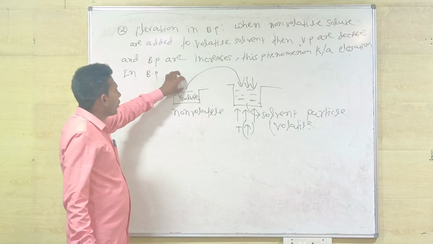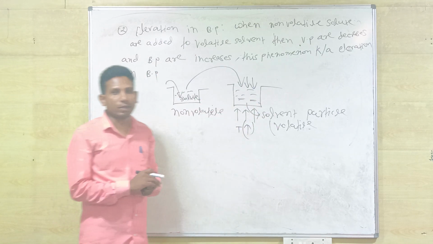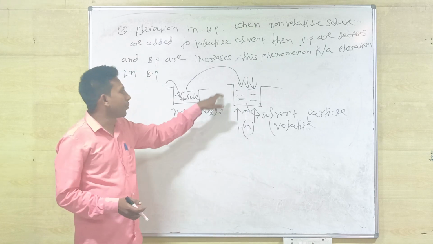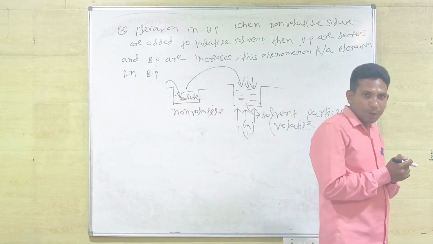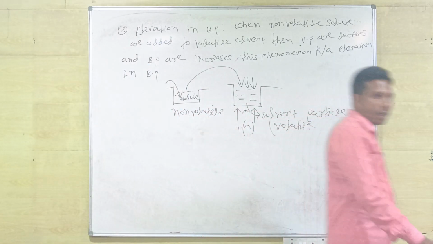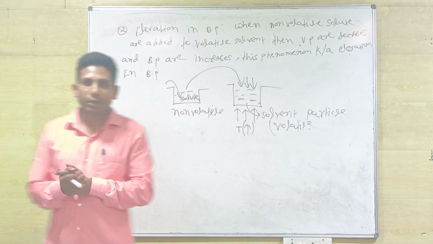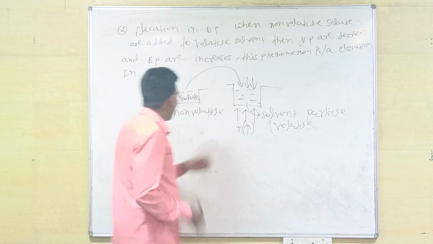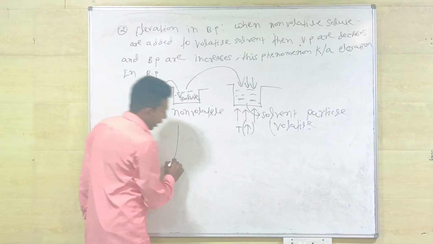Where a non-volatile solute is added to a volatile solvent, the vapor pressure will decrease, and to vaporize it again we need some more temperature, and that is considered elevation in boiling point, which is already mentioned on the board.